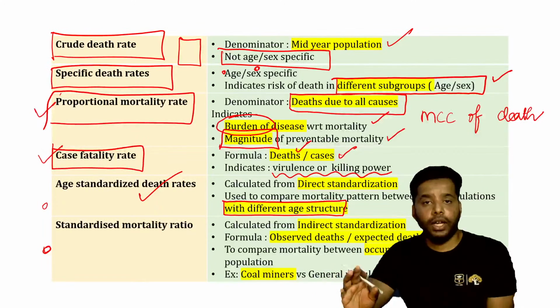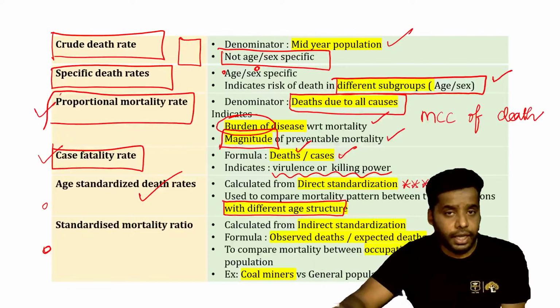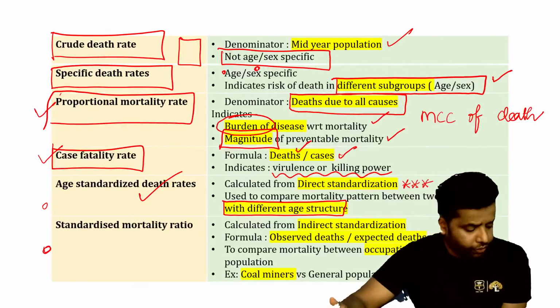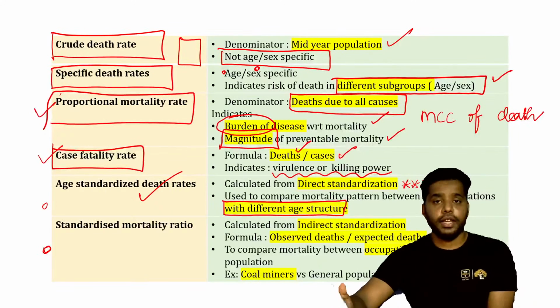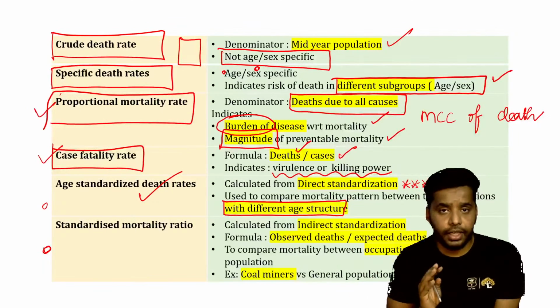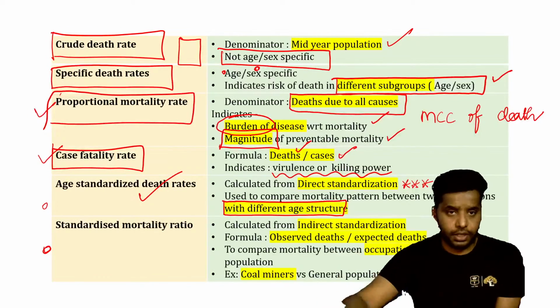How is it calculated? Direct standardization. If I'm asking what standardization is done for age standardized death rates, it is direct standardization. What is the purpose? Comparing two populations with different age structure.